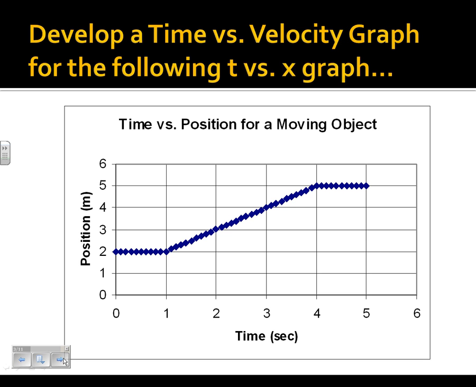Taking what you learned in the previous discussion about time versus position graphs, I want you to see if you can sketch me, don't worry so much about actual numbers, although you can probably figure them out from this graph, just a quick sketch of what the time versus velocity graph for this corresponding time versus position graph would look like. I'll hit pause, give you a couple seconds to figure it out, hit play, and we'll come back with an answer.